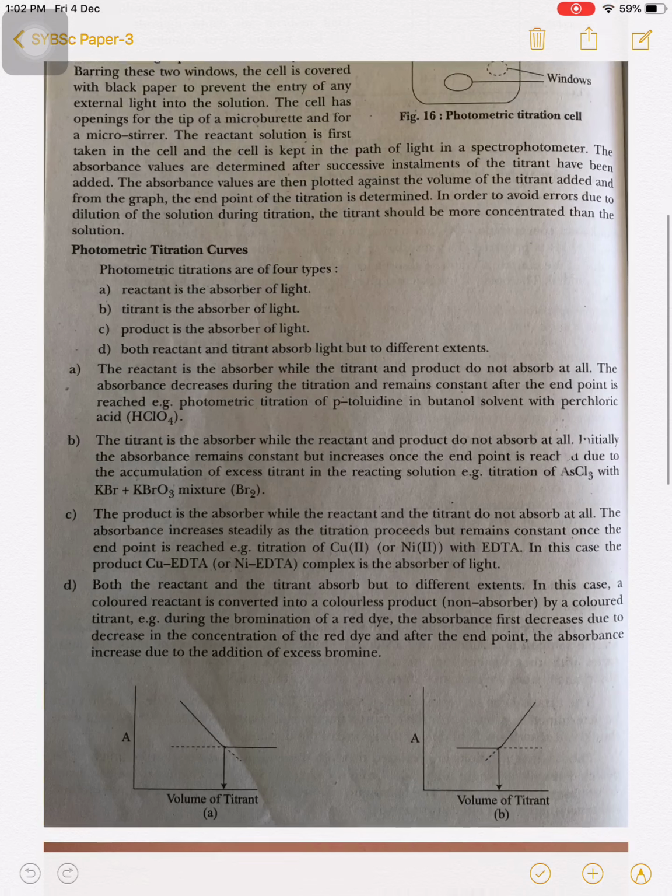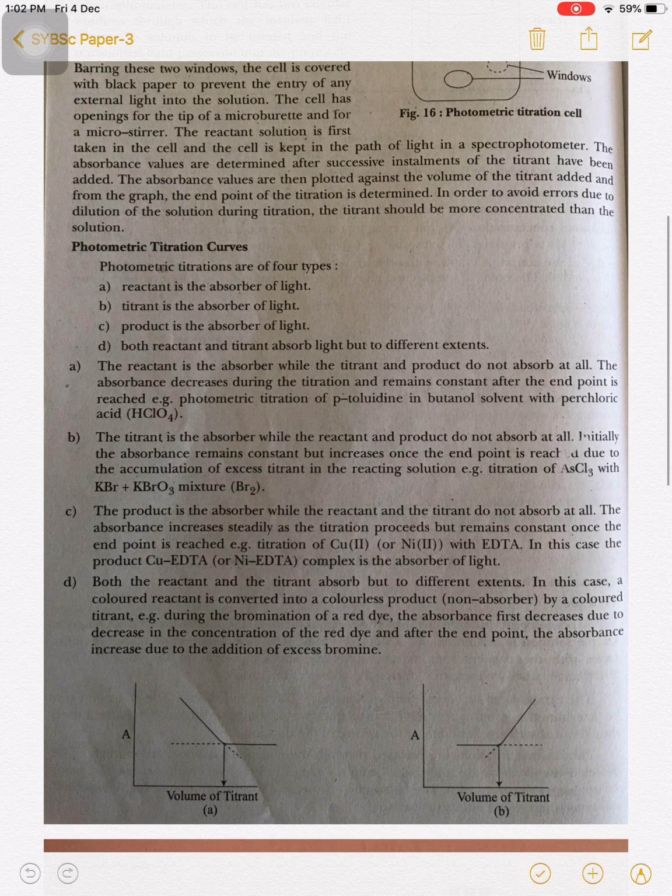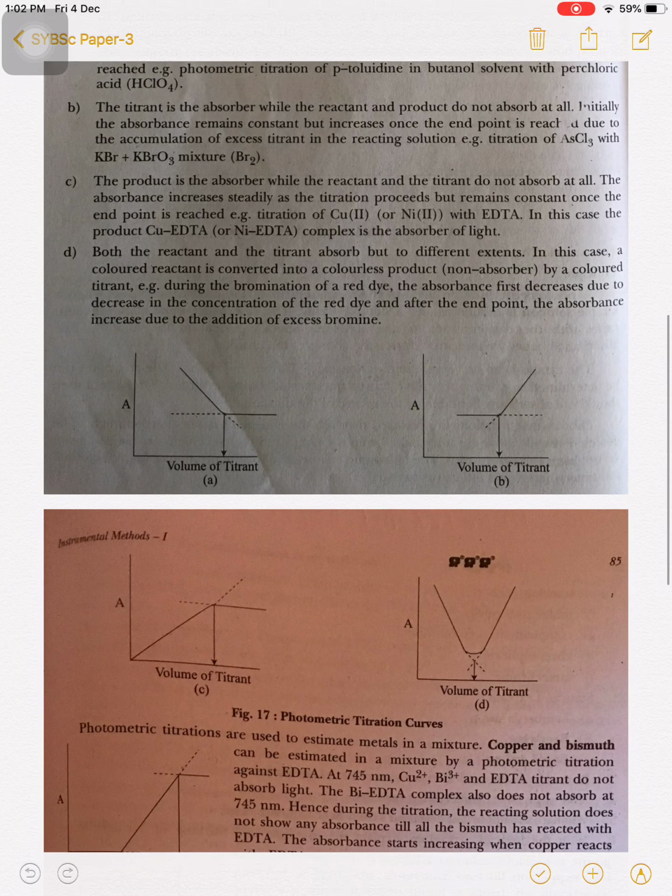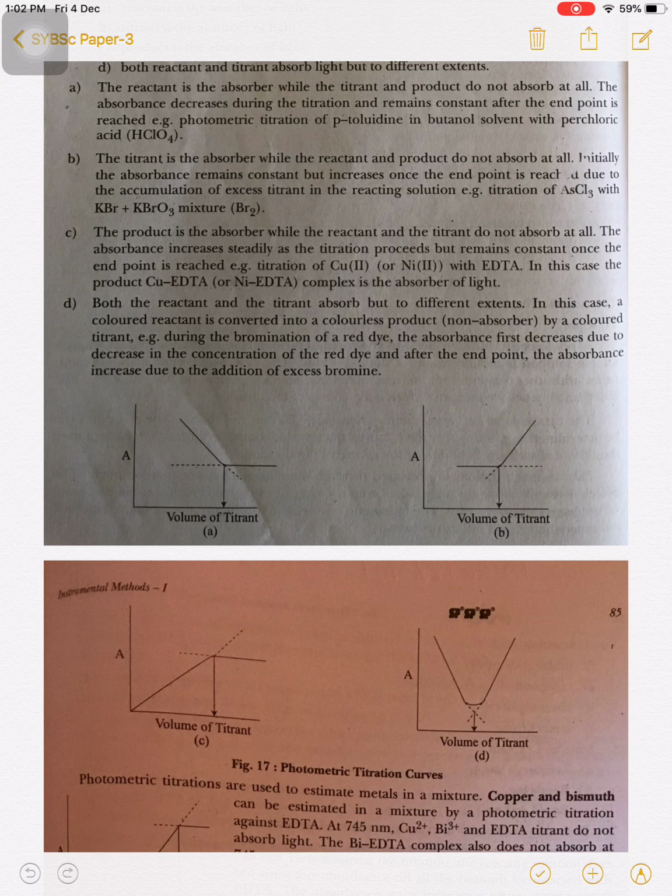So the third type is if the product absorbs the light radiation. From the burette we add some amount of titrant solution into the titration cell, then some amount of that compound is converted into the product. That is, the product is forming steadily. So initially there is a curve, an increase in the absorbance value.